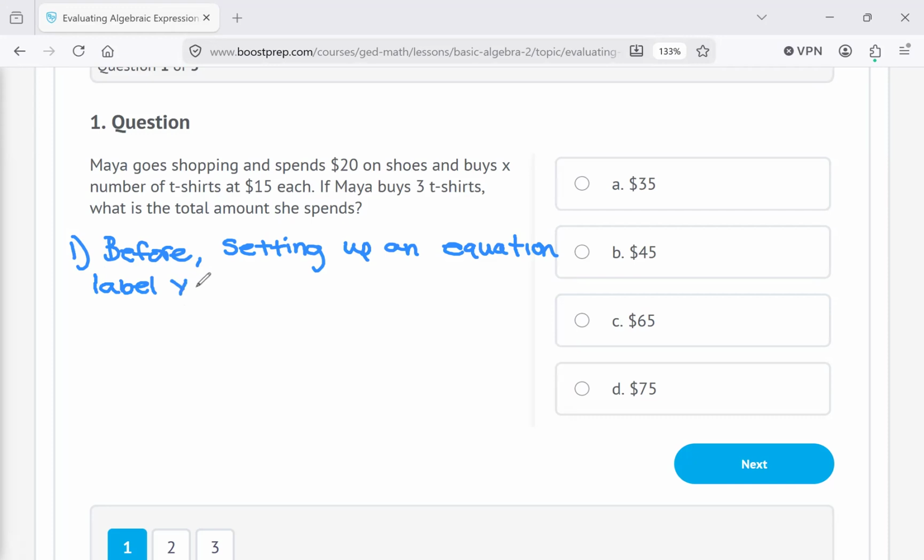So before setting up an equation, label your variables. You'll see what I mean.